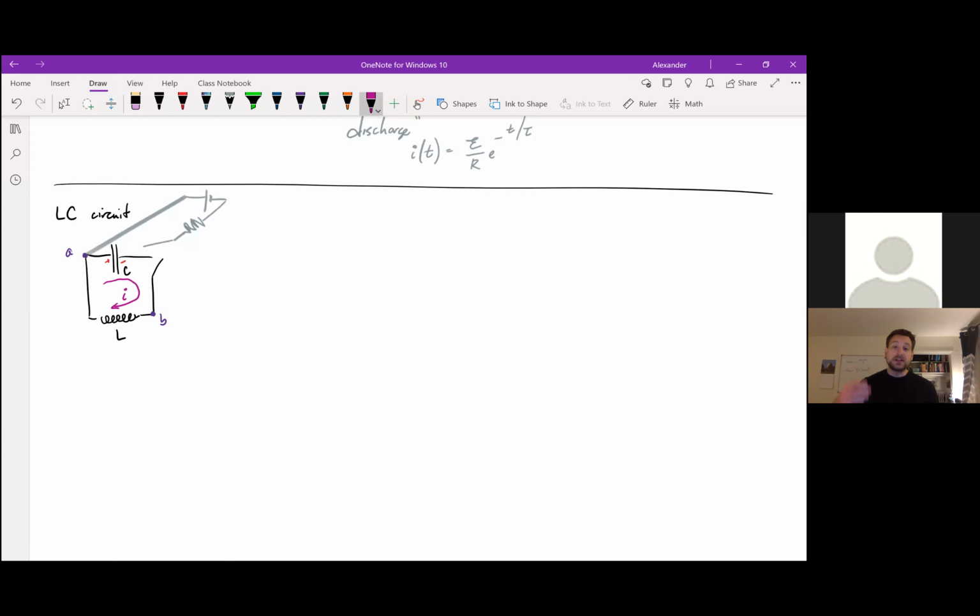So the capacitor is initially fully charged with some initial voltage according to the EMF, the battery in the gray circuit, with a resistor. And suppose for a long time we had this particular switch closed and we were charging the capacitor so that we had the positive plate on the left and the negative plate on the right.